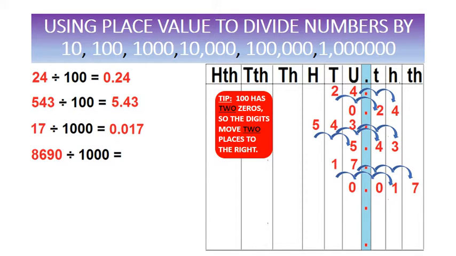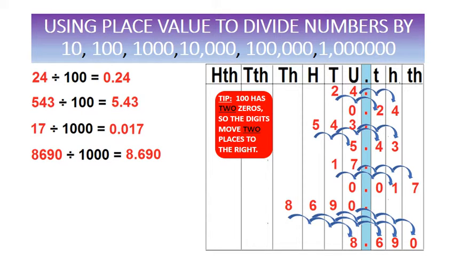Let's look at the last one. And this time again dividing by 1,000. And once again, all of the digits have moved 3 places to the right. So the answer is 8.690.